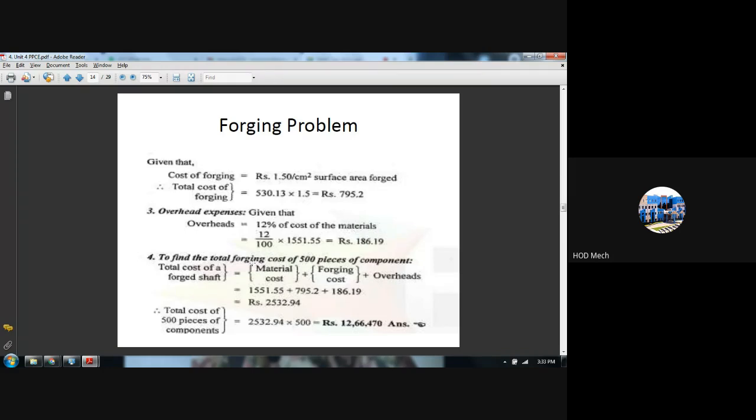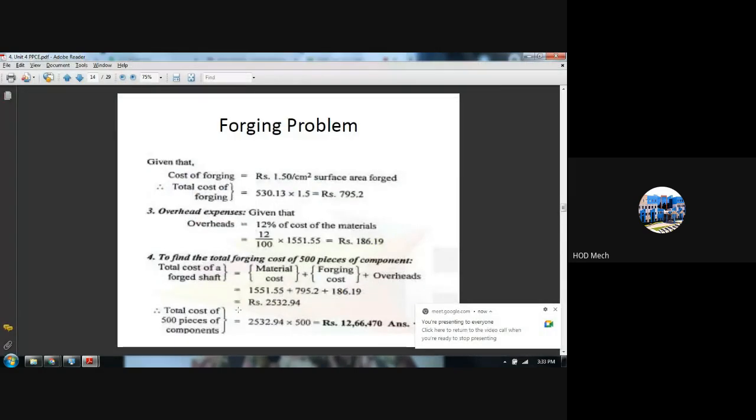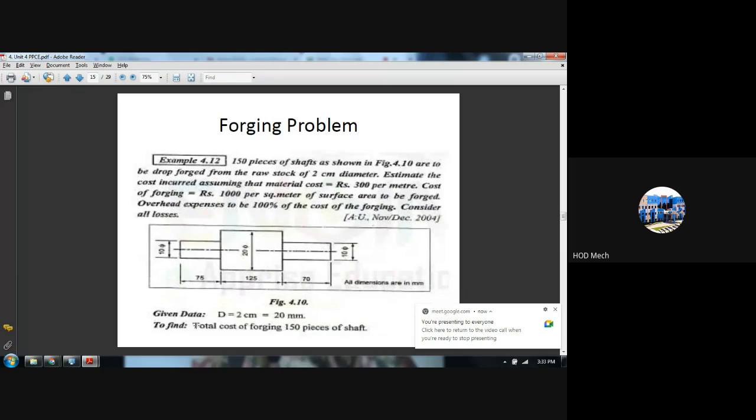In the sequence, if you forget any one parameter, then obviously you will not arrive at the right cost that you are supposed to find out. So when a problem comes, first my advice is to look into the parameters, look into the steps. That is most important. Now in the same pattern, let us look at the second example.